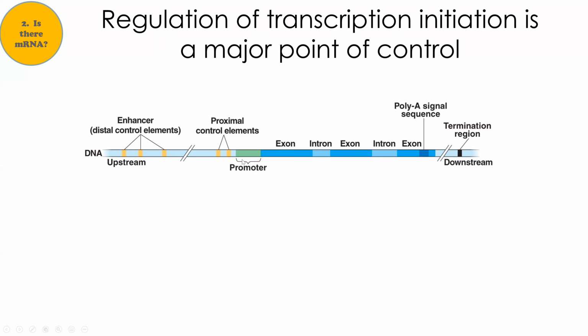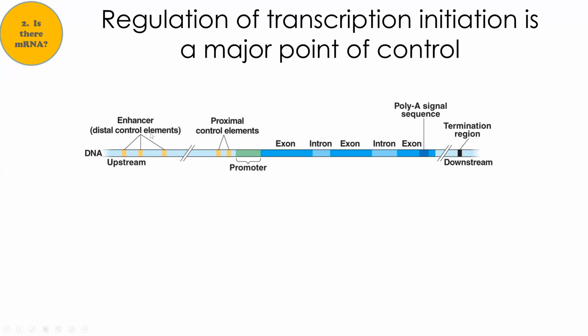We talked again in chapter 17 about assembling all of those nice general transcription factors on the promoter, the TATA box in here for eukaryotic cells. We can have what are called proximal control elements. They're called this because look how close they are to the promoter itself.